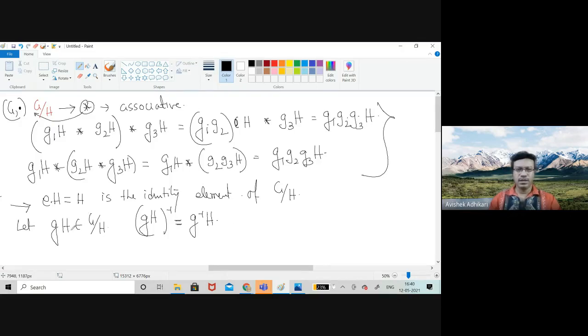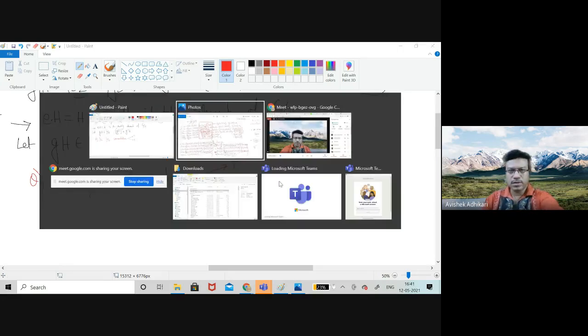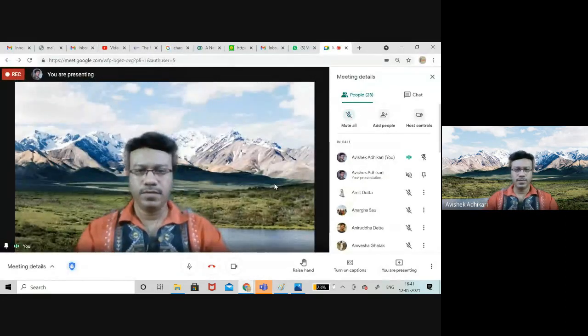Okay. So now tell me, if I ask you this question, is G quotient H commutative for any group? True or false? What is your answer? Let me check. Is G quotient H commutative?